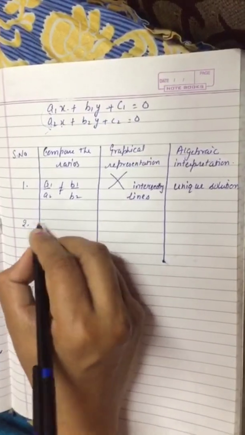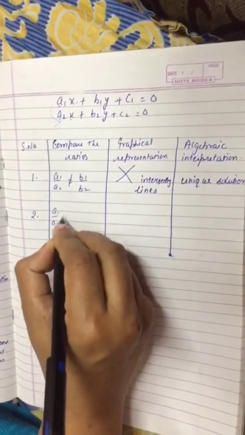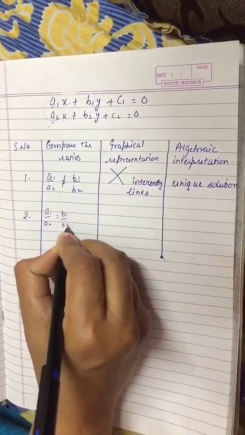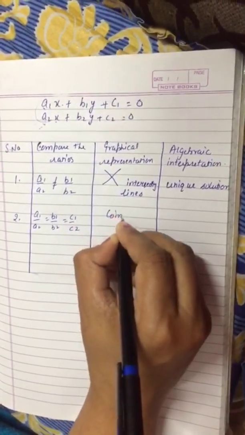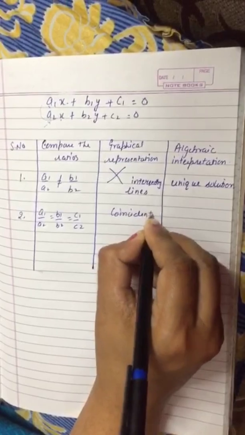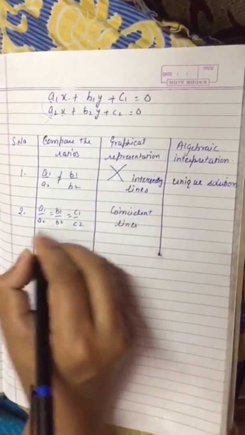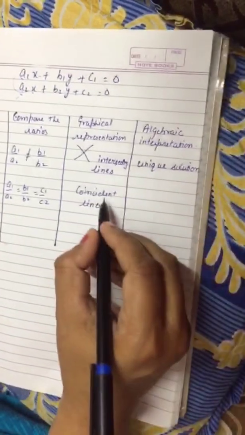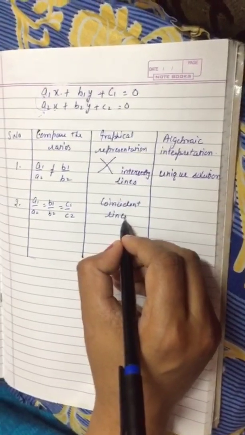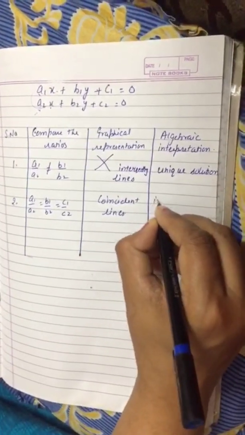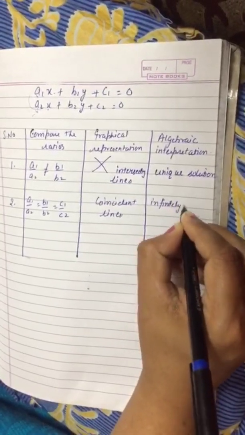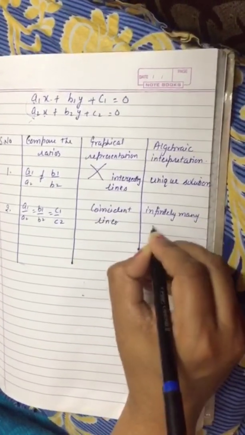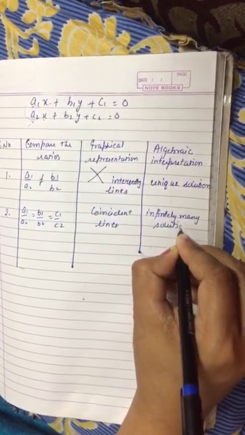In the second case, a1 by a2 equals b1 by b2 equals c1 by c2, which is the condition for coincident lines. If all three ratios are equal, the lines coincide, and coincident lines have infinitely many solutions.